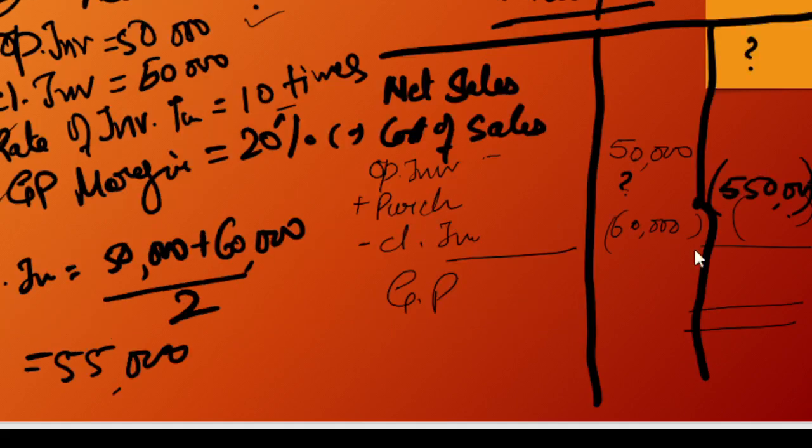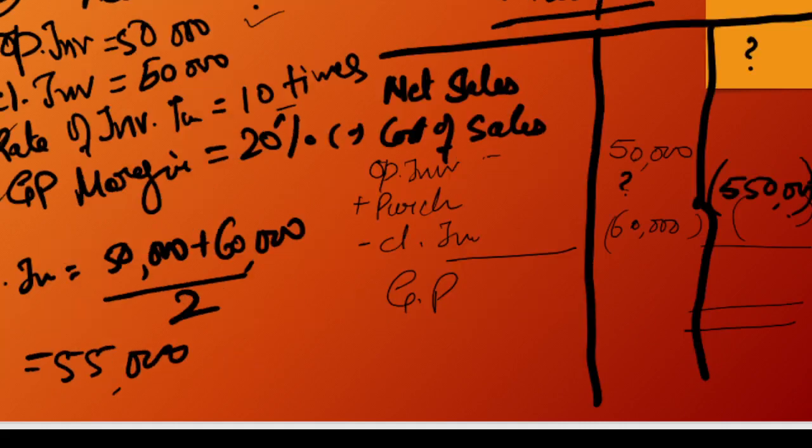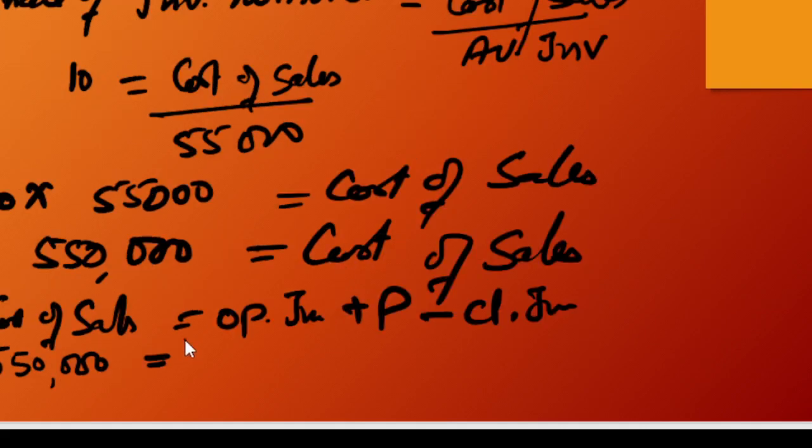So cost of sales is 550,000. Opening stock is 50,000 and closing is 60,000. So 50,000 plus purchases minus 60,000.